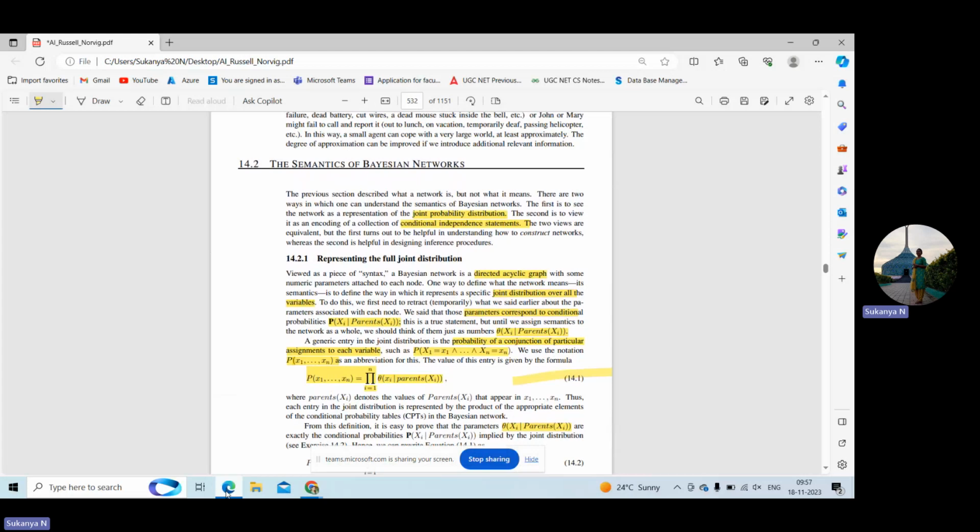If we are replacing the probability statement with a number, we replace the theta value, and the remaining xi given parents of xi is the same. When we assign values to any of the nodes, x1 will be some value of x1, x2 will be a value of x2, and so on till xn. So we can write it as P of x1, x2, till xn equals the product from i equals 1 to n of theta of xi given parents of xi.